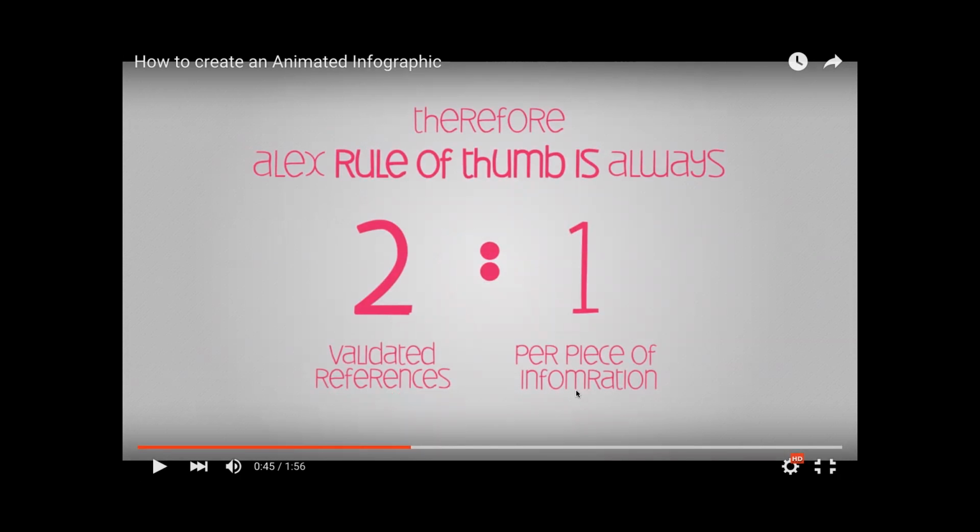Oh, poor guy's got a typo. Information per piece of information. That's funny. You probably didn't even see it. I wonder what font this is. Two validated references, one per piece of information.